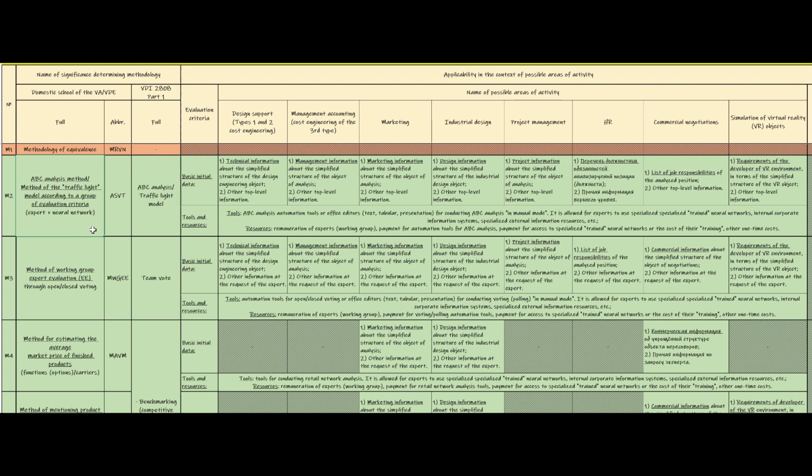They are combined in one line since they are conditionally identical in the context of their application in functional cost analysis. The explanation in parentheses, expert and neural network, means that both traditional expert assessment tools and specially trained neural networks can be used when performing the analysis.